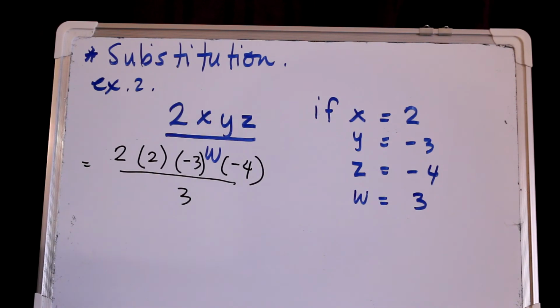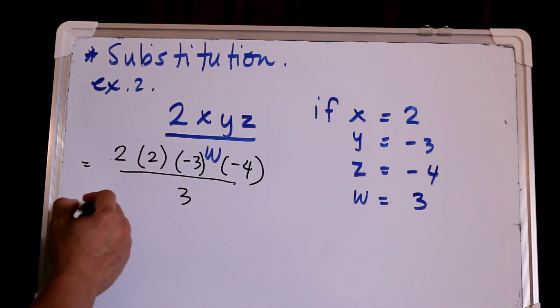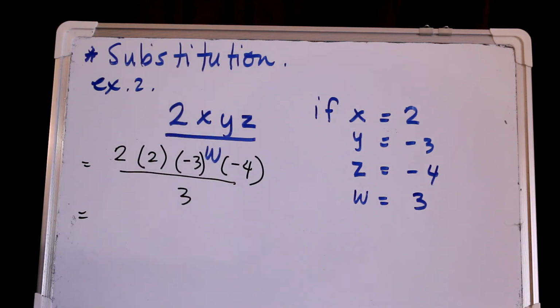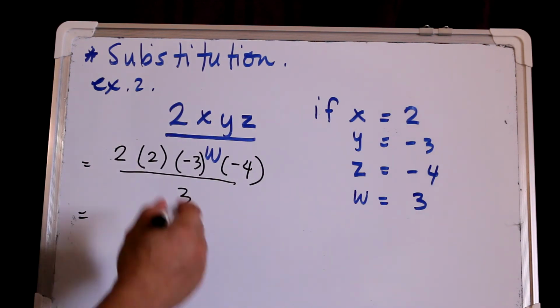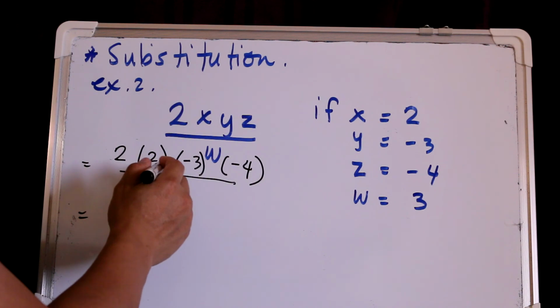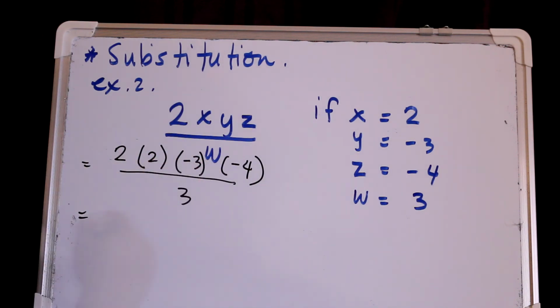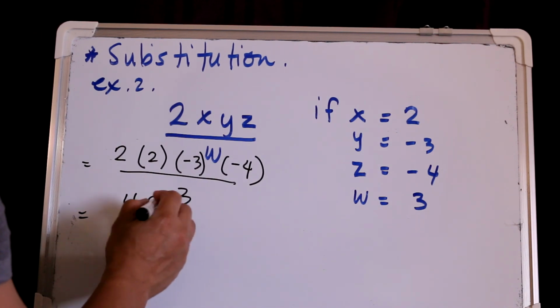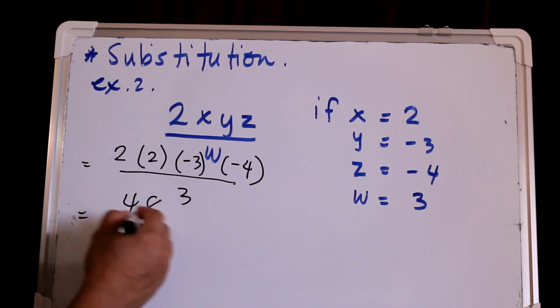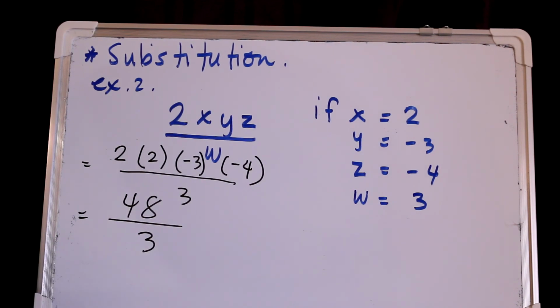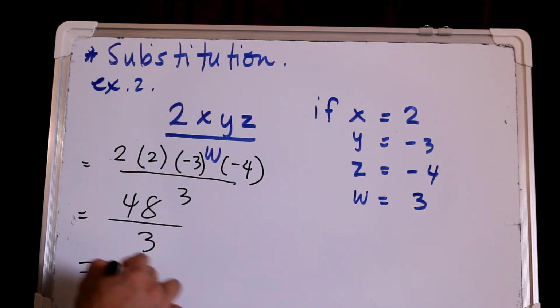Combining all that, you have 4 times -3 is -12, then times -4 gives 48, positive, and then divided by 3. The answer would be 16.